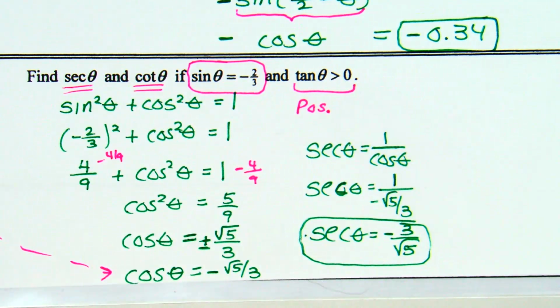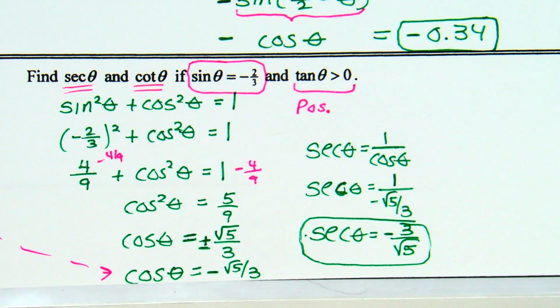I still need a cotangent. Okay. Could we do a quotient identity? I could do a quotient identity. Could we also still do a Pythagorean identity? Yeah. It's a personal call. What do you want to do?